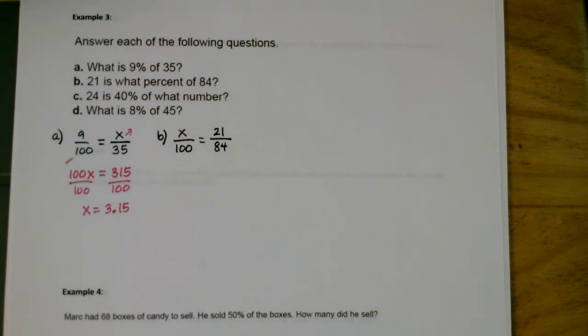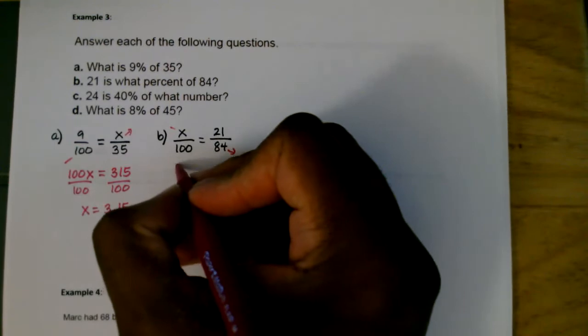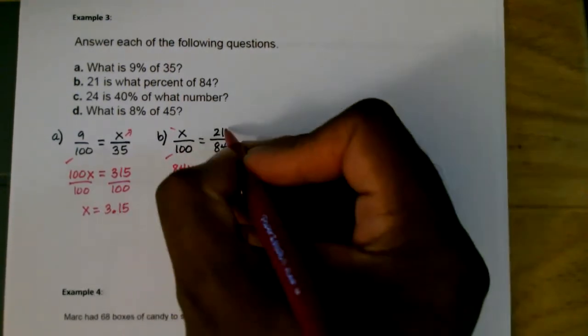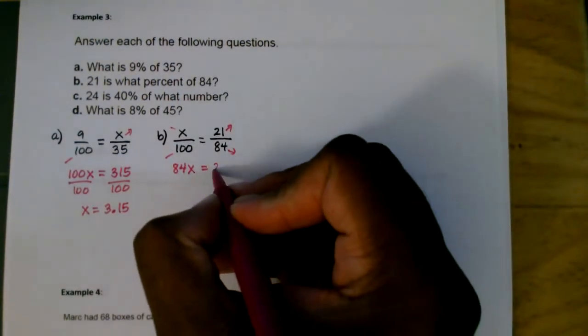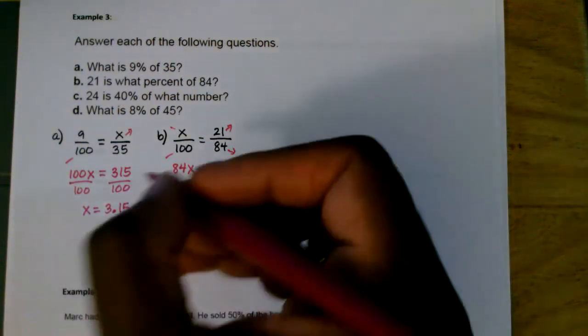And now we can solve this proportion by cross multiplying. I'm going to do X times 84. That's 84X is equal to 100 times 21, 2100. So now I got 84X is equal to 2100.